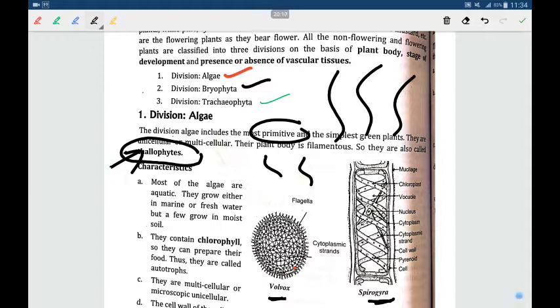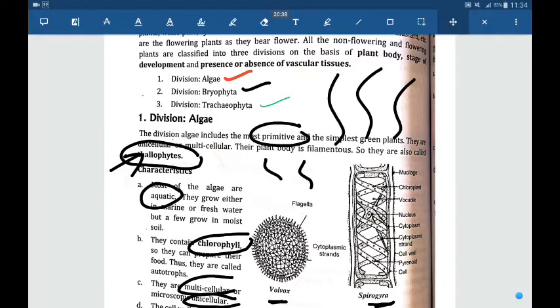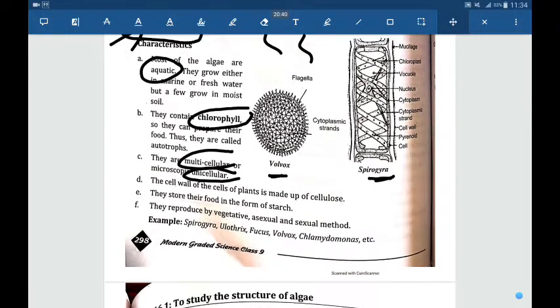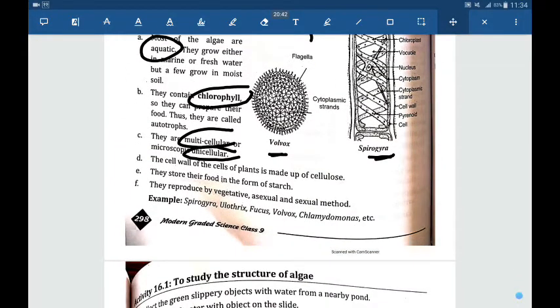First characteristic, they are aquatic, found in water. They contain chlorophyll, which means they can manufacture their food. Some are unicellular, some contain more cells in their body.